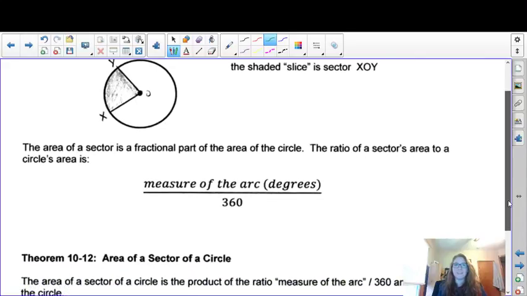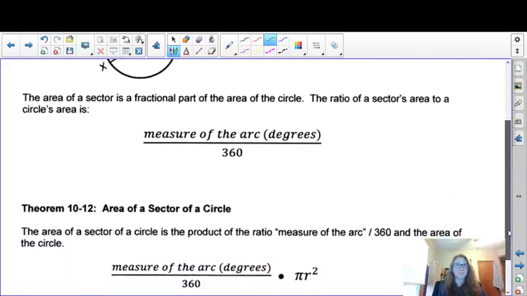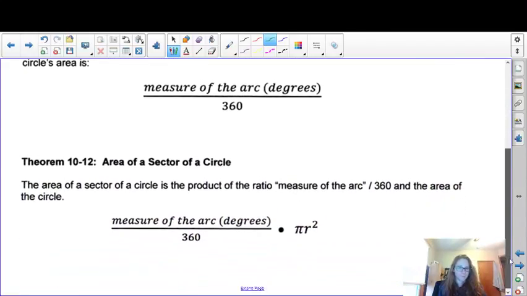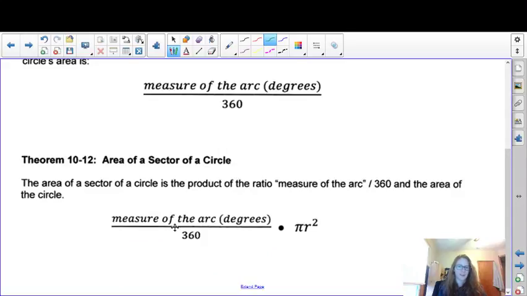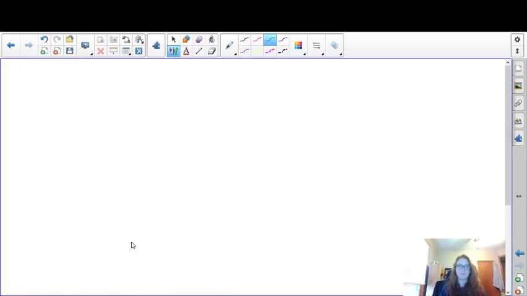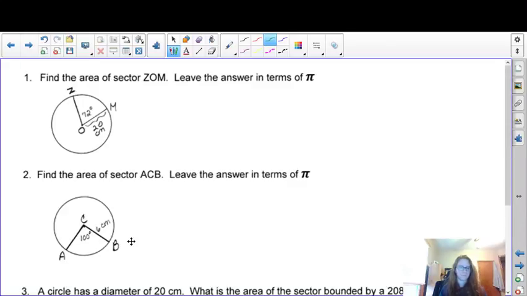Whatever it is that you like to eat in a circular form that you cut. So instead of writing this whole crazy measure of the arc in degrees, I usually just write degree over 360. And by degree, I mean the degree that's given times my area formula.